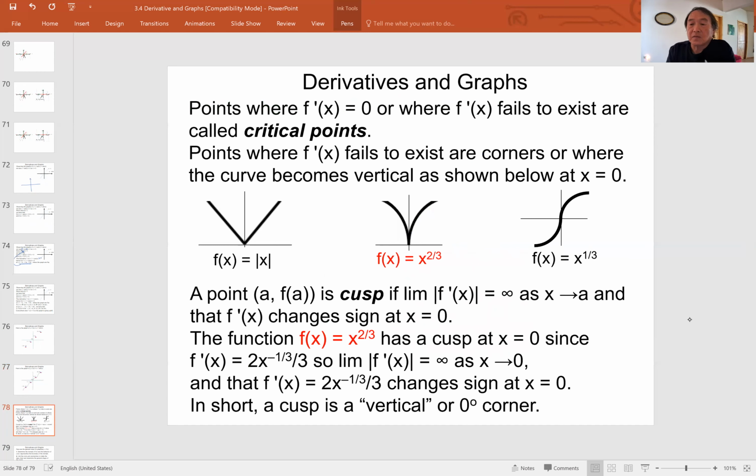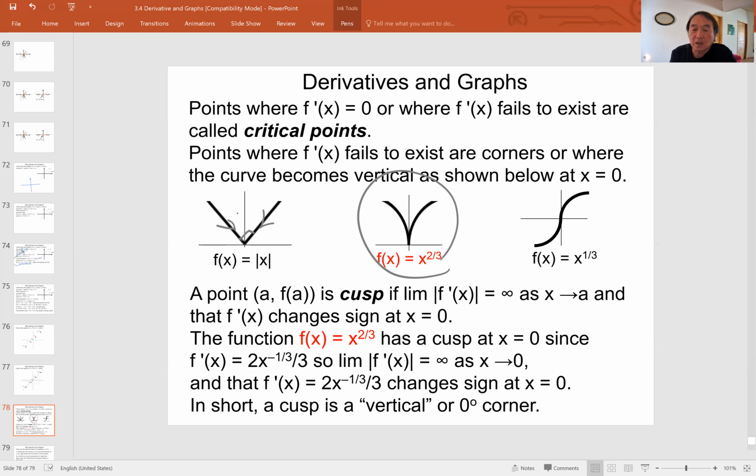Briefly, this is where the derivative fails to exist. They are also counted as critical points. Here are some examples, and the one I'll point out is this one. In the other cases, we have different tangents, where the slope exists from the right and from the left and forms a corner, and I can talk about the angle between the tangent lines.